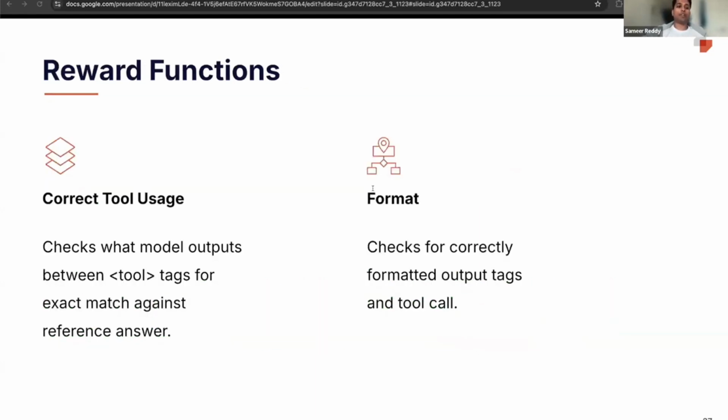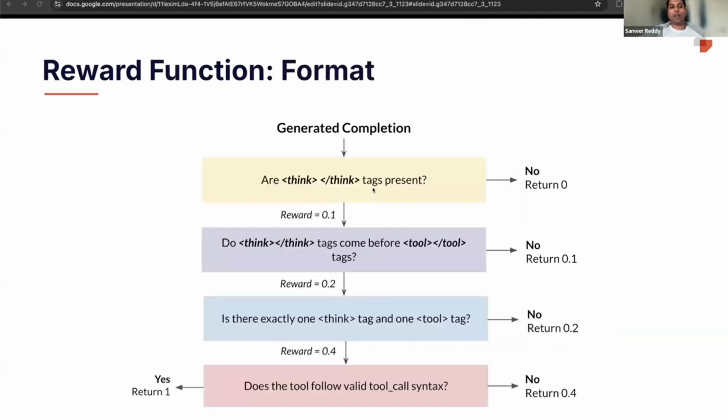So the two reward functions we're going to define: one on correctness and one on format. The format function is just going to check the structure of the output. So does it have correctly opening and closing tags? And we give partial credit for partially correct responses, and this really helps the model know when it's heading in the right direction.